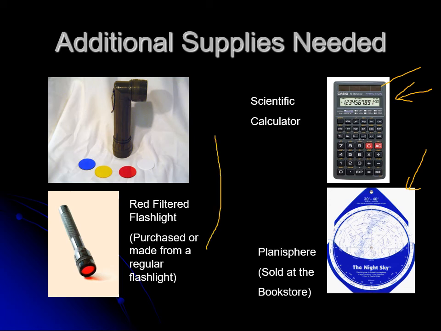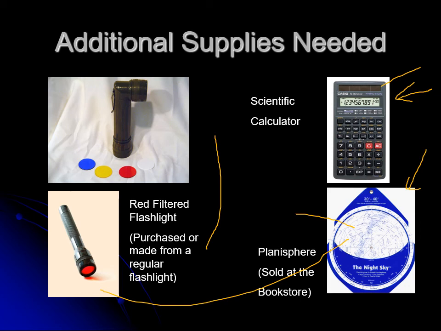I'll talk more about that later when we talk about the labs, but if you go outside at night and take your star wheel out to look at it, if you shine a bright flashlight on it, you're going to lose your ability to see in the dark. So you need a red flashlight.